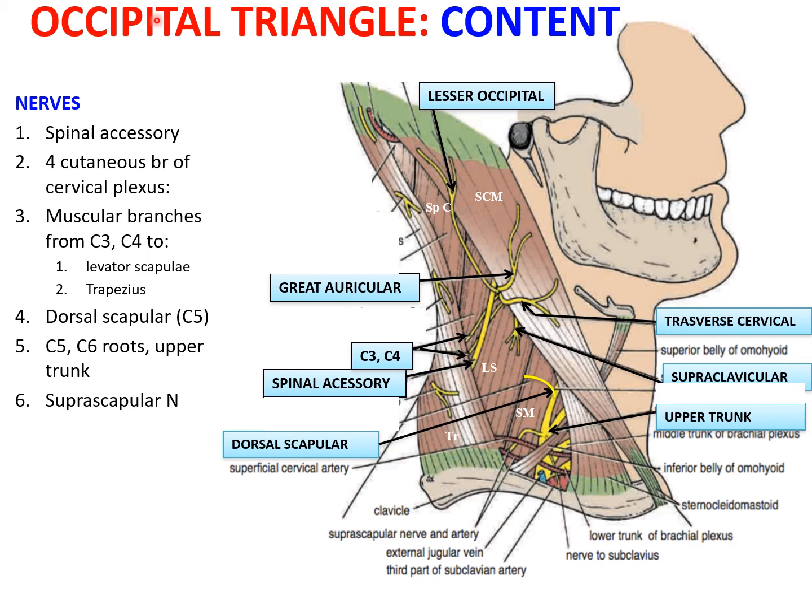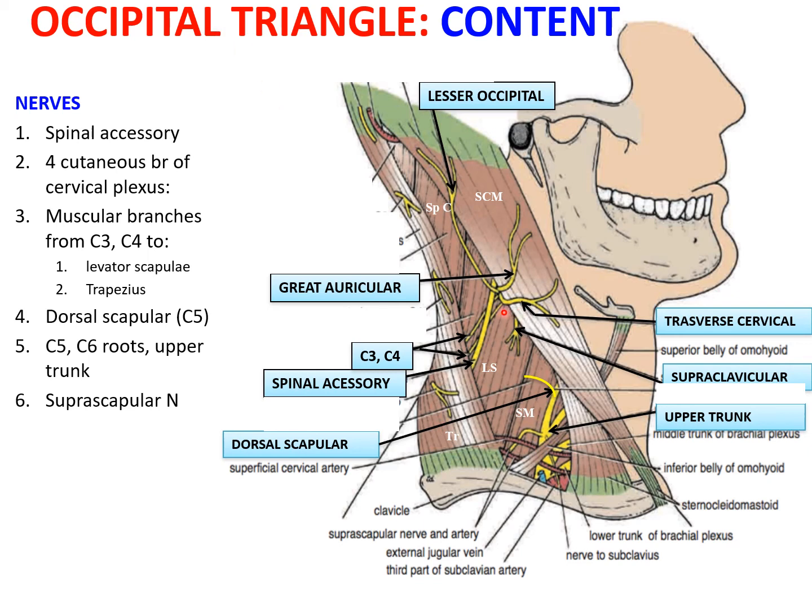The branches to the levator scapulae will soon end in it, whereas those to the trapezius will run below and parallel to the accessory nerve and go along with it to supply the trapezius. But remember that the spinal accessory nerve was running above the prevertebral fascia, whereas this muscular branch will run deep to the prevertebral fascia.